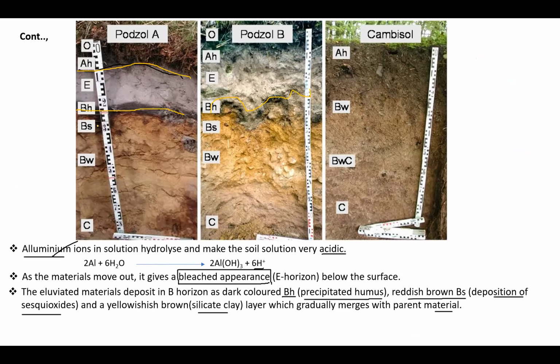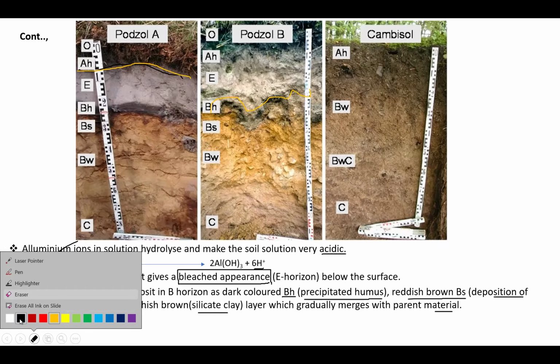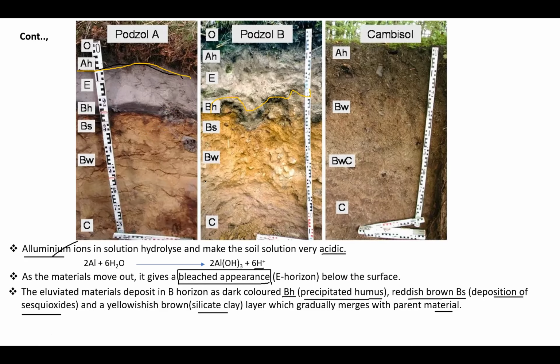In the BH layer, you can see the dark color is because of precipitated humus accumulation. The reddish color is because of deposition of sesquioxides, and the yellowish color is because of the silicate clay. These are the different images you can see of mature podzols.